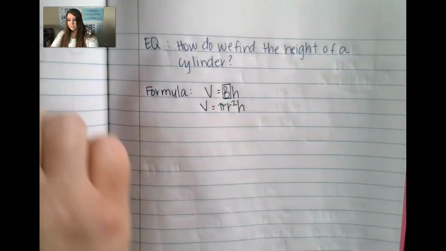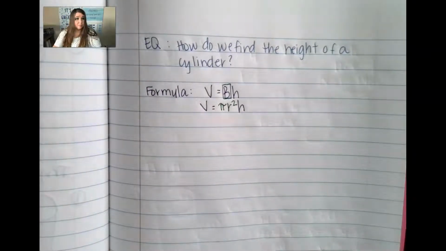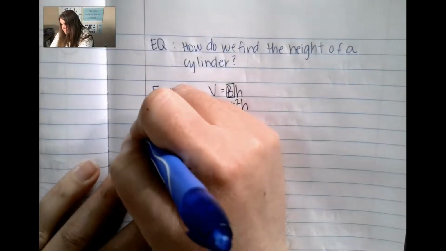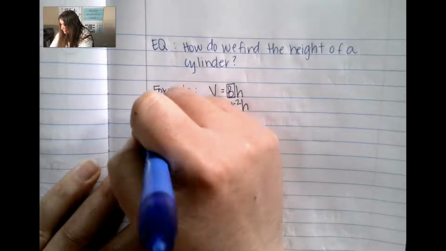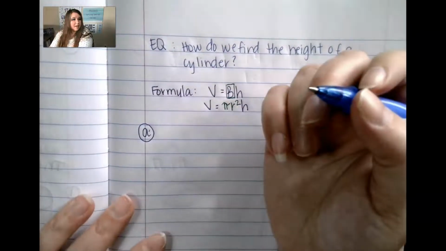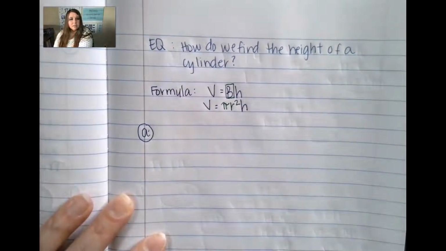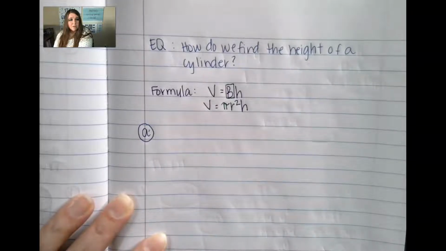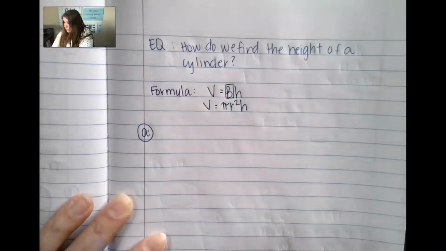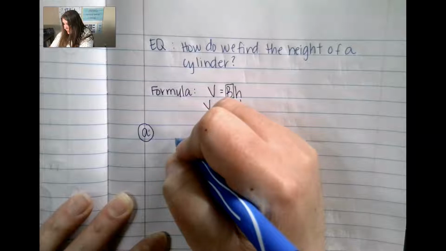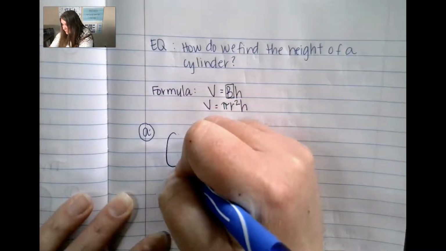So let's go ahead and start with an example so that you can see what I am talking about. Example A says to find the height of a cylinder when the diameter is 10 and the volume is 314 inches cubed. So we have a cylinder that happens to be on its side.